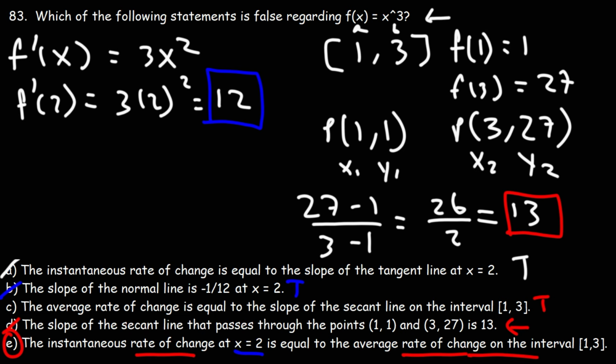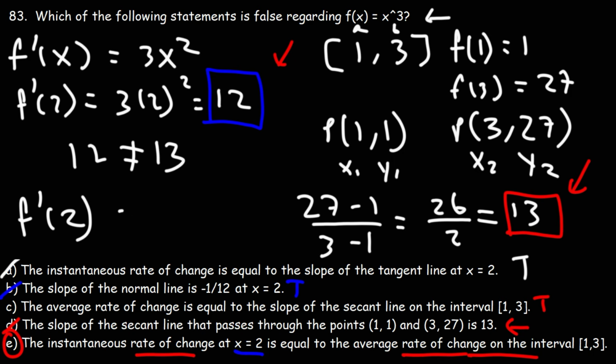And the average rate of change, which is equal to the slope of the secant line, is 13. 12 does not equal 13. So f prime of 2 is not equal to the slope of the secant line, which is the average rate of change. So that's why E is a false statement. And since we're looking for the false statement, answer choice E is the answer we're looking for.